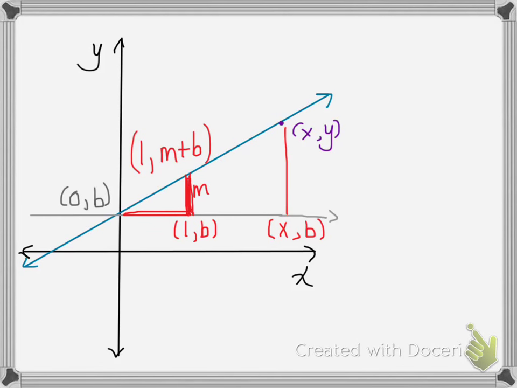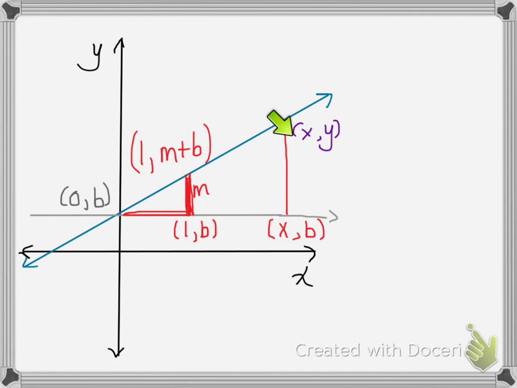So if we're already at y equals b here, we go m units up, then our y-coordinate is going to be m plus b. Coming over here, y is still b all along this line. So there's our b, the y-coordinate. And then we've chosen our generic point xy. So this would be the x-coordinate, so this would be x comma b, and this was the point we started with, xy, on our line.